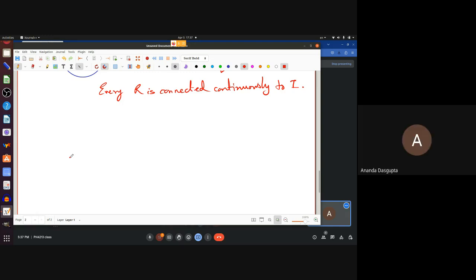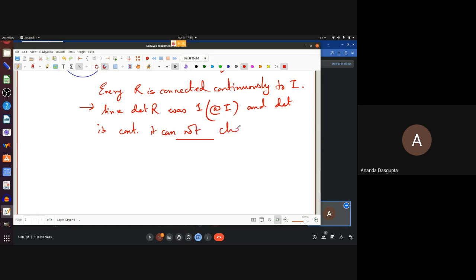But it started out at +1, right? Now, it has only two allowed values, +1 and -1. Since det R was 1 at identity, and det is continuous, it cannot change.